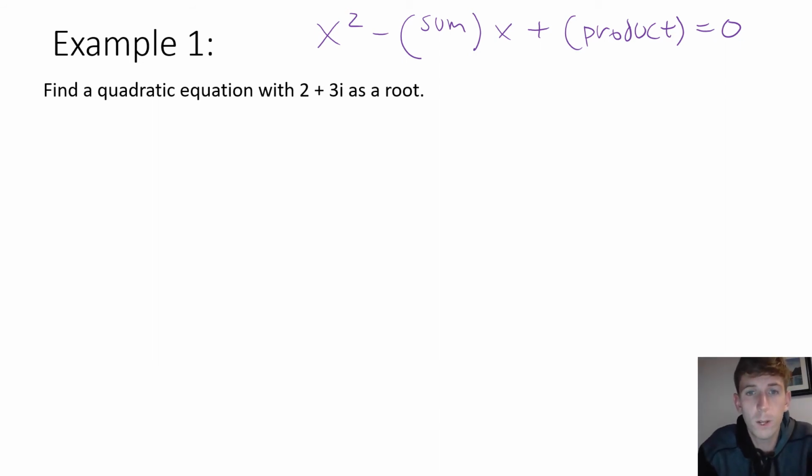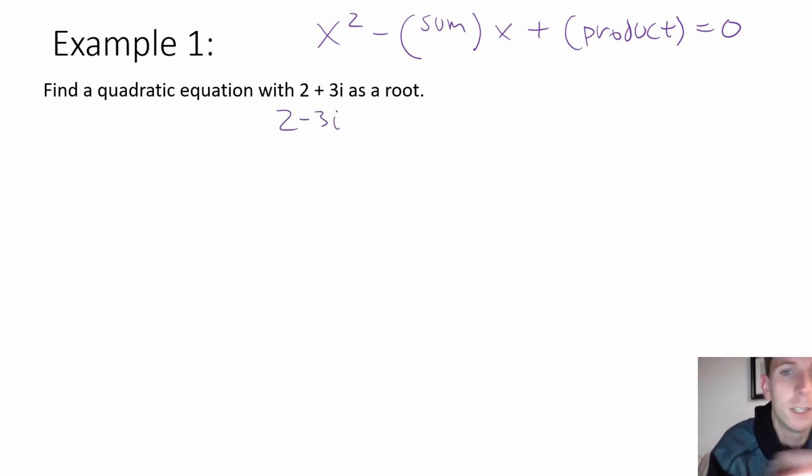Luckily, if 2 plus 3i is a root, we immediately know that 2 minus 3i is also a root. So great, that's all of our roots because it's only degree 2. So let's just get the sum and the product here.